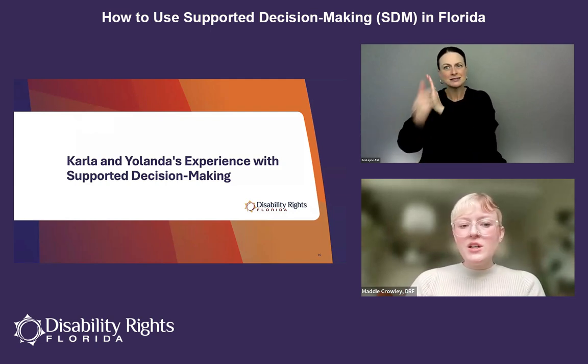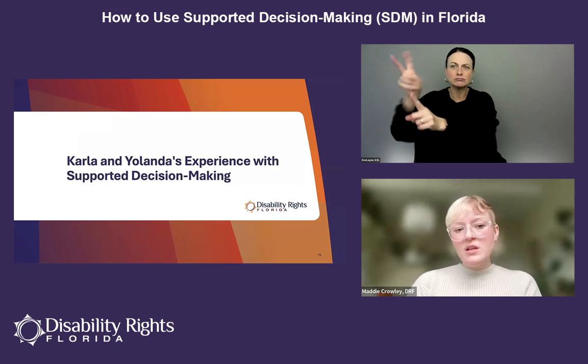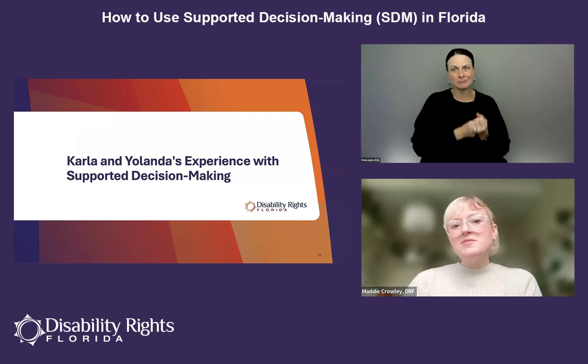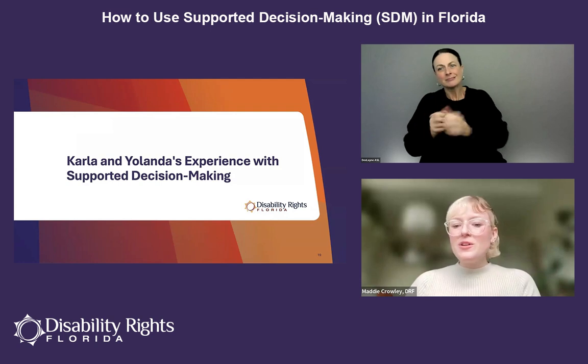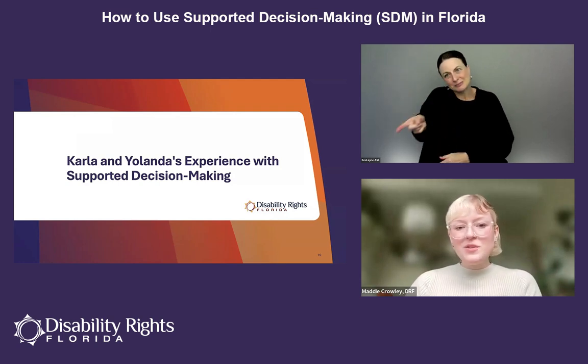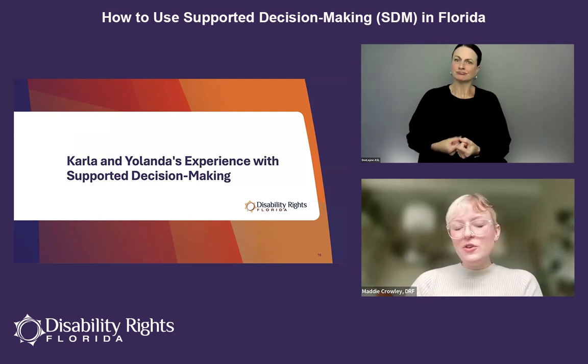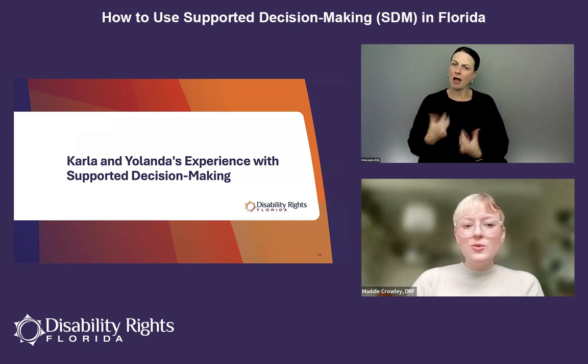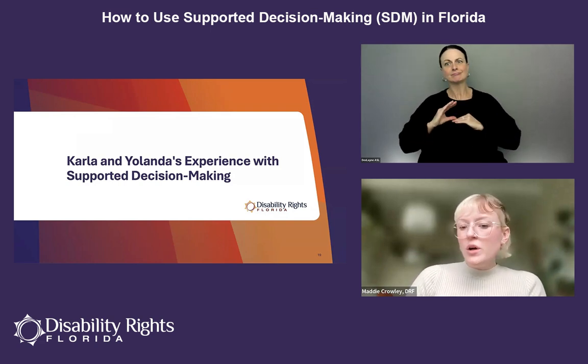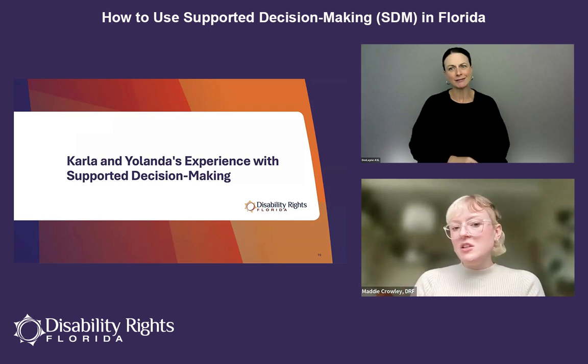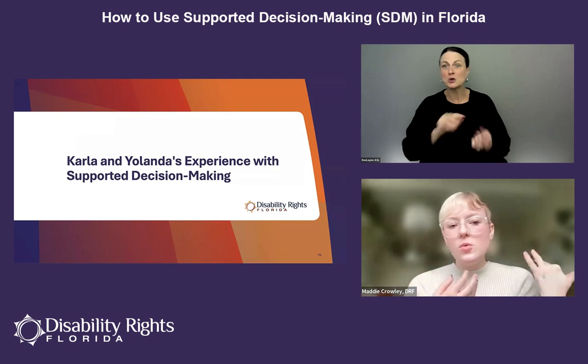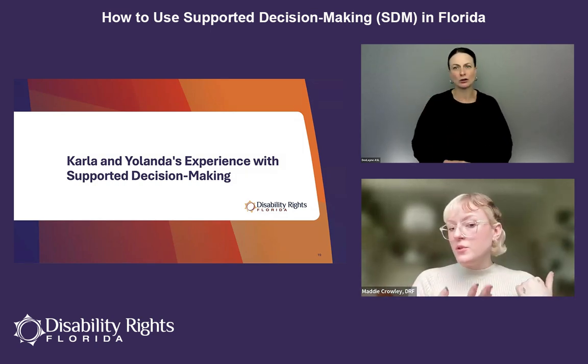So that's really the beauty of supported decision-making. You're really quite literally supporting someone to make confident decisions and feel confident in themselves to choose what they want, like the ability to say yes or no or okay to a doctor assisting or performing a procedure or what have you.